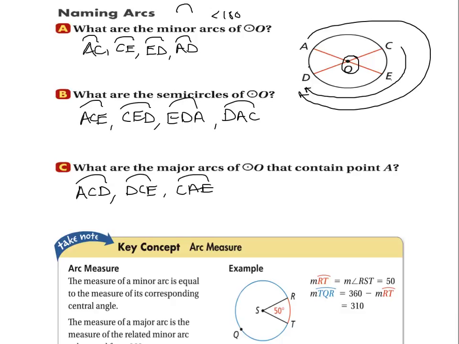CAE is a major arc, and ADC is a major arc. All of those are major arcs, and I'm sure there are a couple more that you could come up with. Okay, again, major arcs have 3 letters, minor arcs have 2 letters, semicircles have 3 letters. Major arcs are more than 180. Minor arcs are less than 180, and semicircles are exactly 180 degrees, or half.